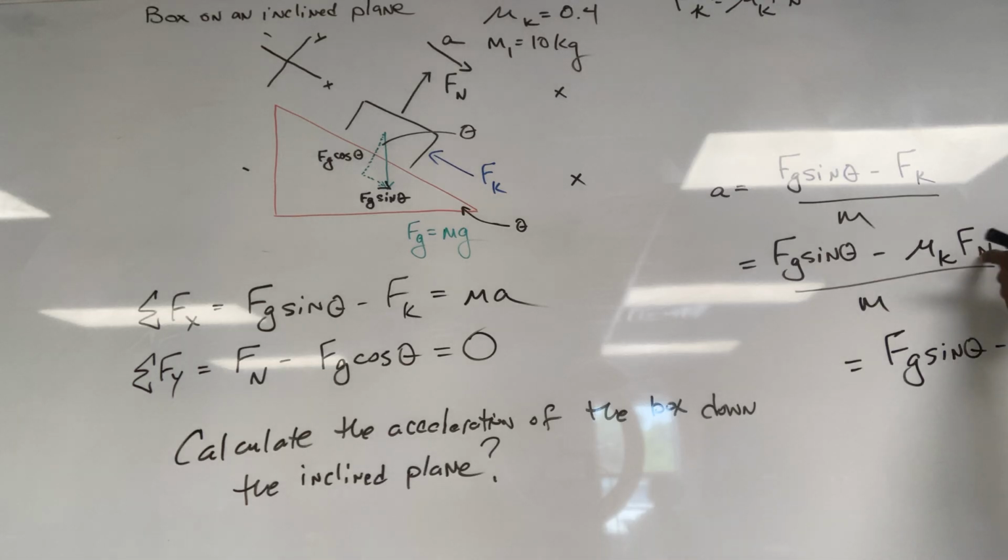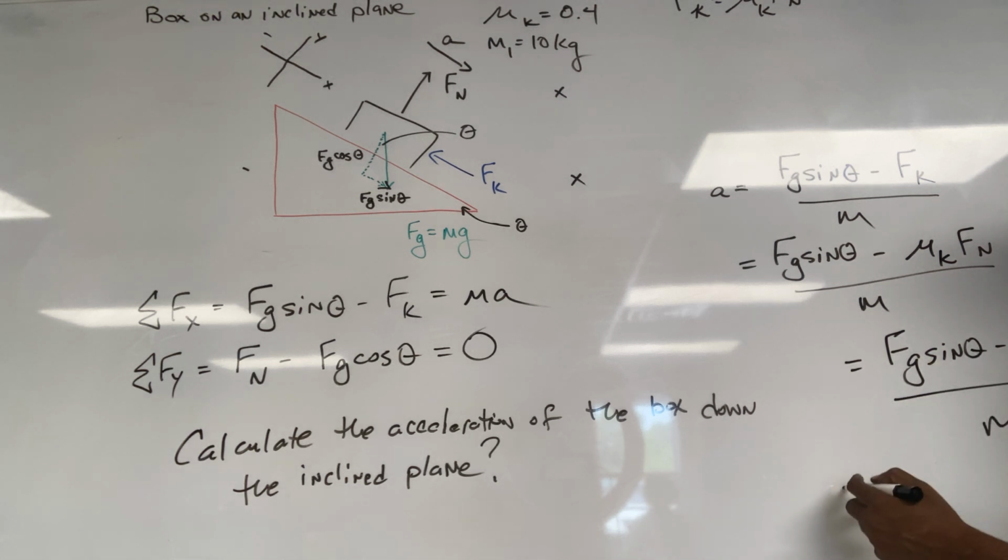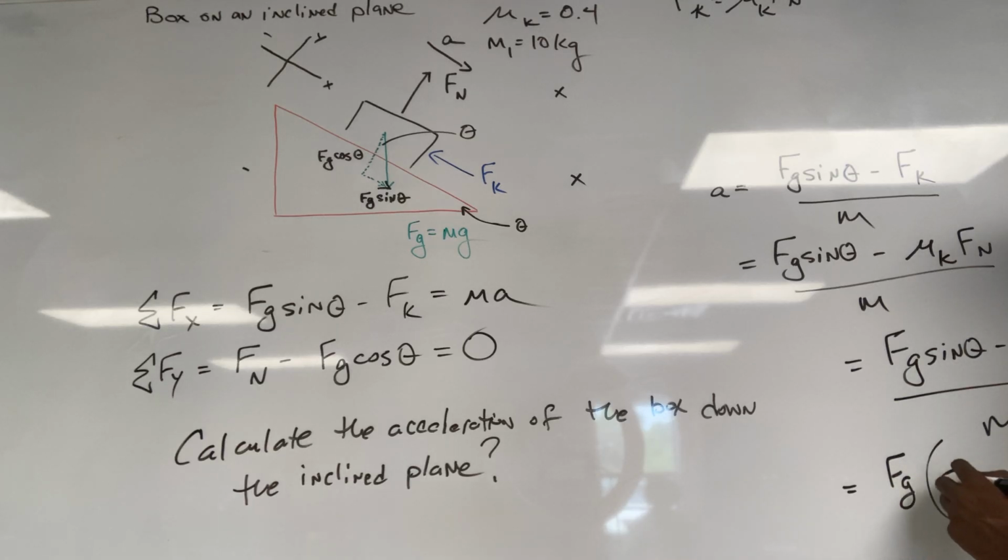So we replace that F of N right there with F of G cosine theta, all of that over M. And now we have a common term, so we can factor that term out: F of G, open parentheses, sine theta minus mu of K cosine theta, close parentheses, all of that over M. And that's the final answer.